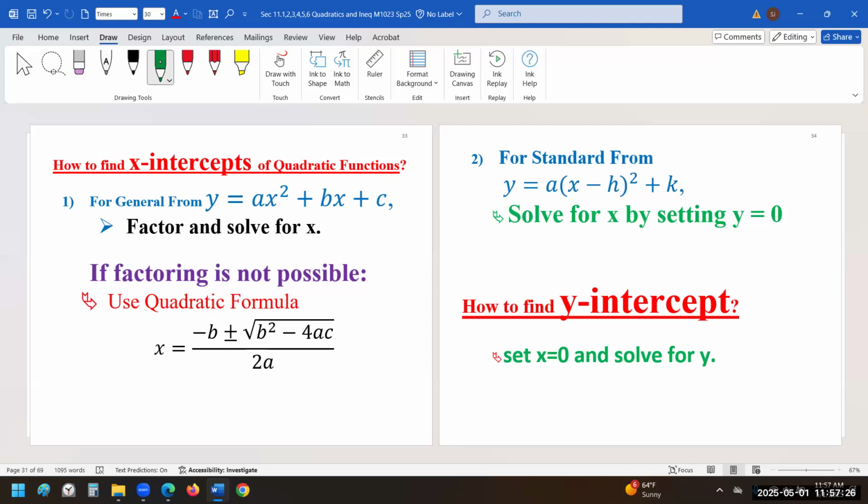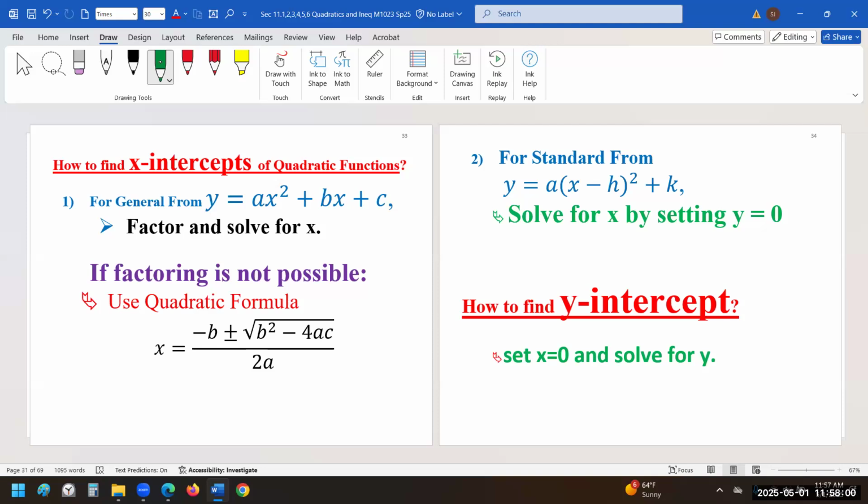It means you need to get rid of the k, the a, the square, and the h. So you need 4 steps to solve for x here. And it doesn't matter which format they give you to find the y-intercept. You set x equals 0 and you solve for y. So y-intercept has only one method, but x-intercept has 3 methods depending on which format you have: either factor, complete the square, or quadratic formula, or just solve for x.